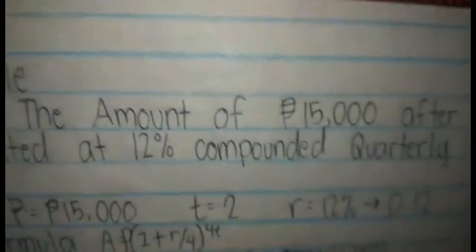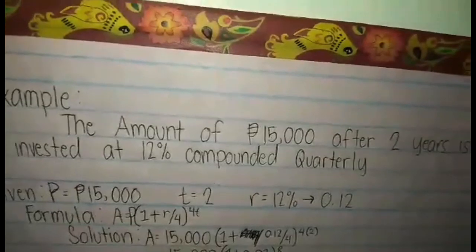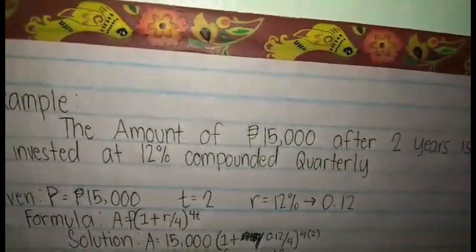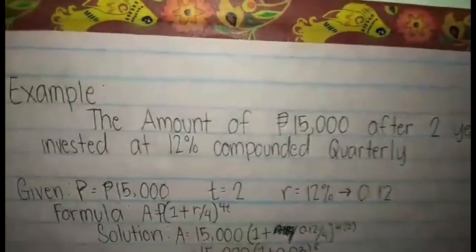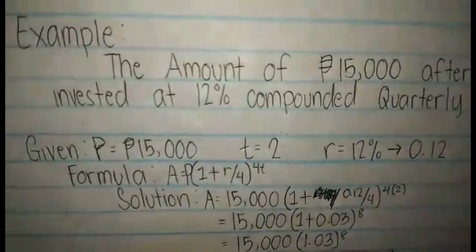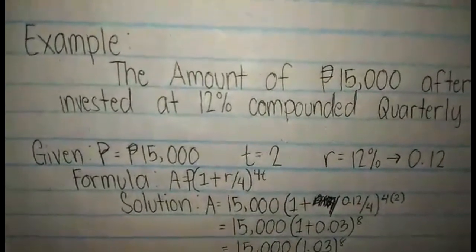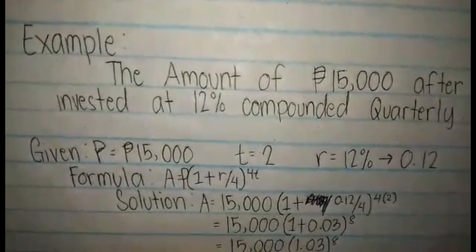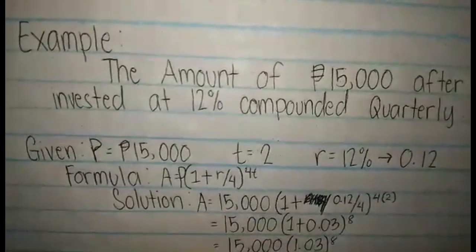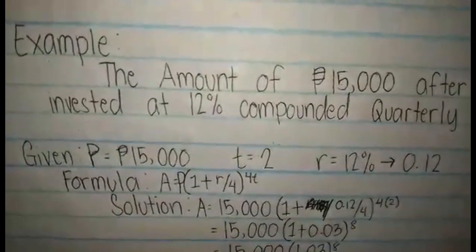An example. The amount of 15,000 after 2 years is invested at 12% compounded quarterly. The given is P, or principal, is equal to 15,000, T or time is equal to 2, R or rate is equal to 12% or 0.12.